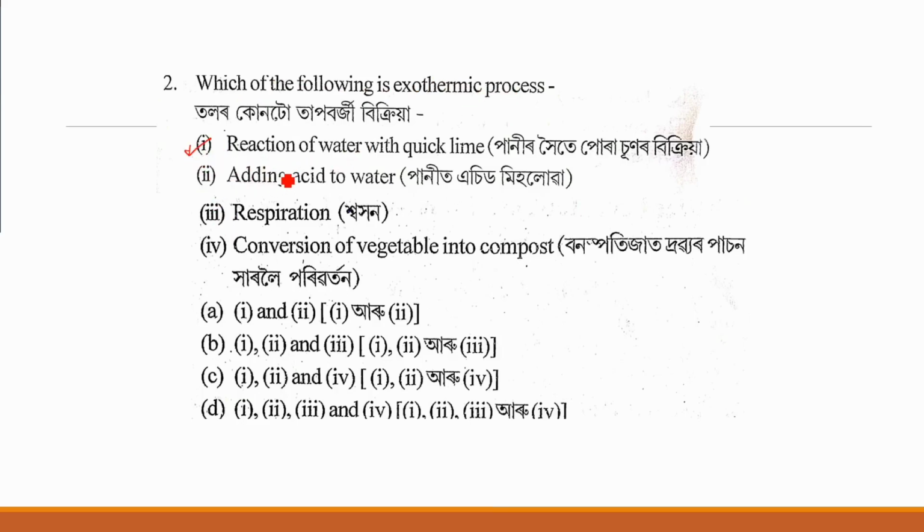Now next is what? Adding acid to water. You know that adding acid to water is a highly exothermic process, is not it? So this will also be your exothermic process because it releases heat. Now next is respiration. You know that we get energy from the food that we eat. These carbohydrates are broken down to form glucose, and the glucose combines with the oxygen in the cells of our body and provides energy.